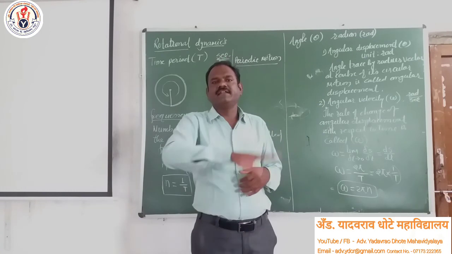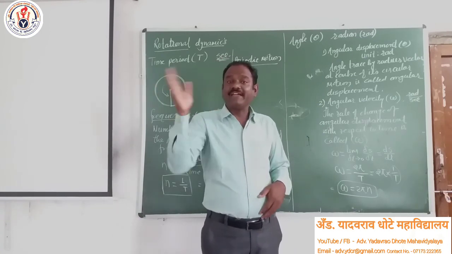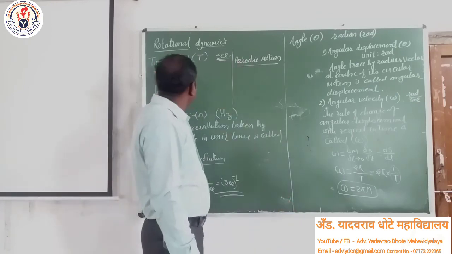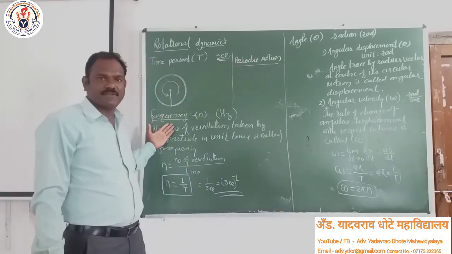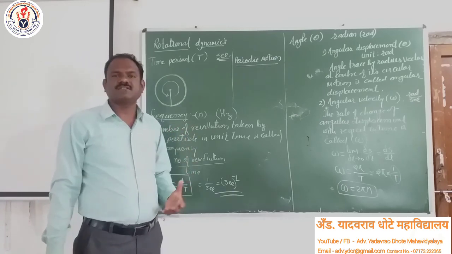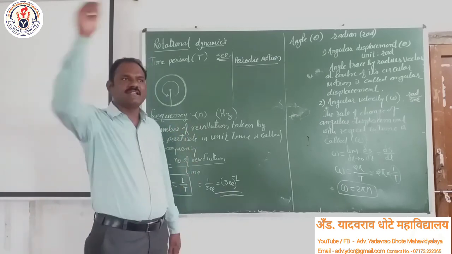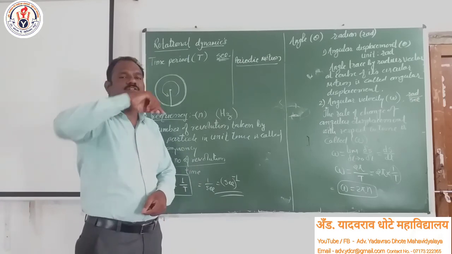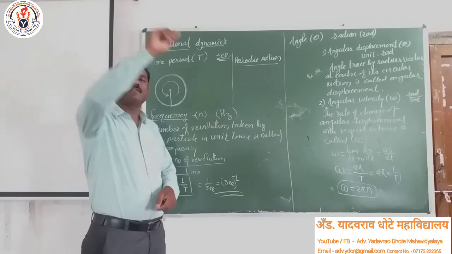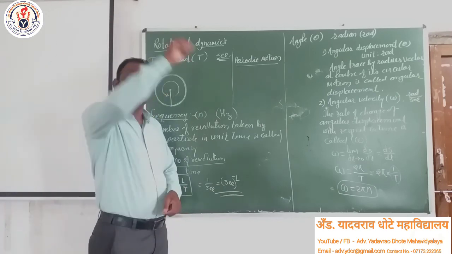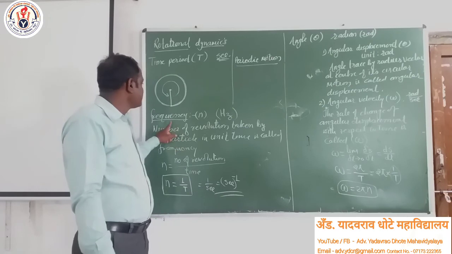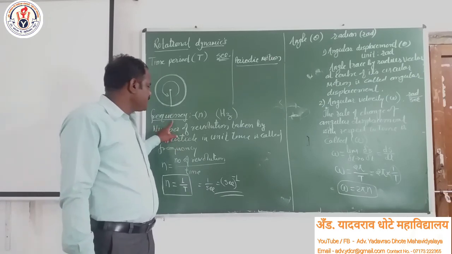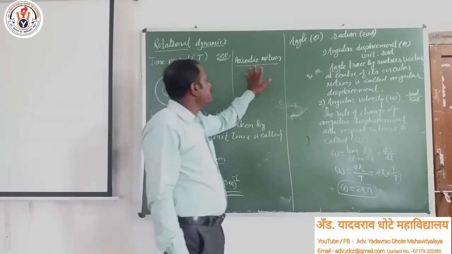Later we discussed radius vector, angular trace, angular displacement, angular velocity, angular acceleration, the time period, and the frequency. As the particle describes circular motion, it takes a certain time. The time required to complete one revolution is called the time period. Again it takes a revolution repeatedly. The number of revolutions taken by the particle in unit time is called the frequency.